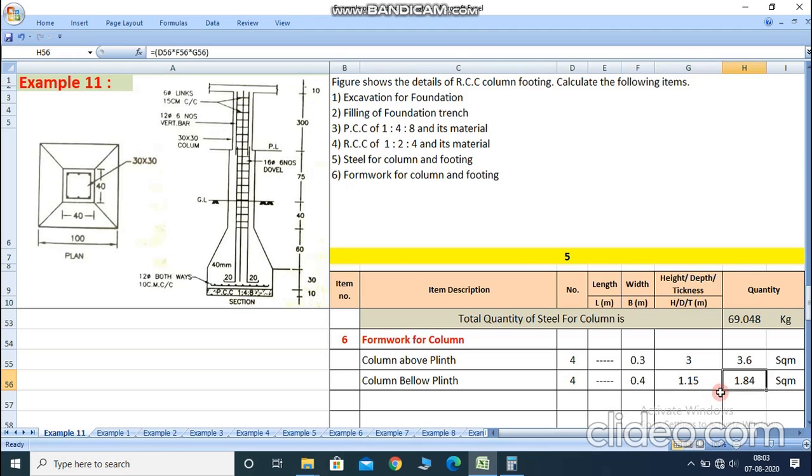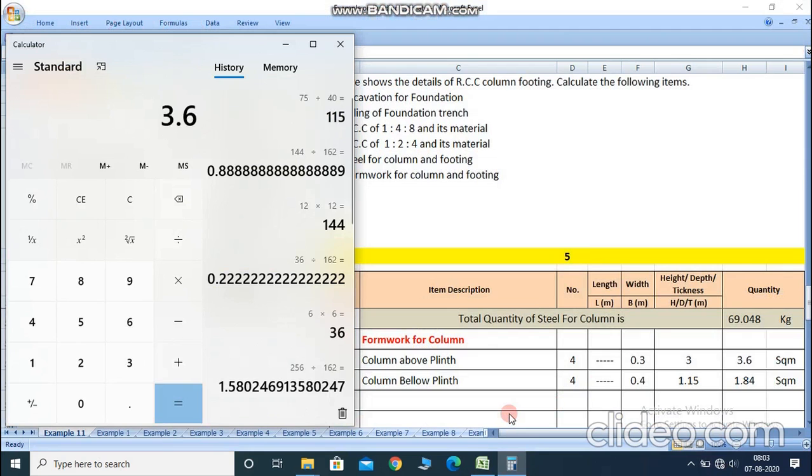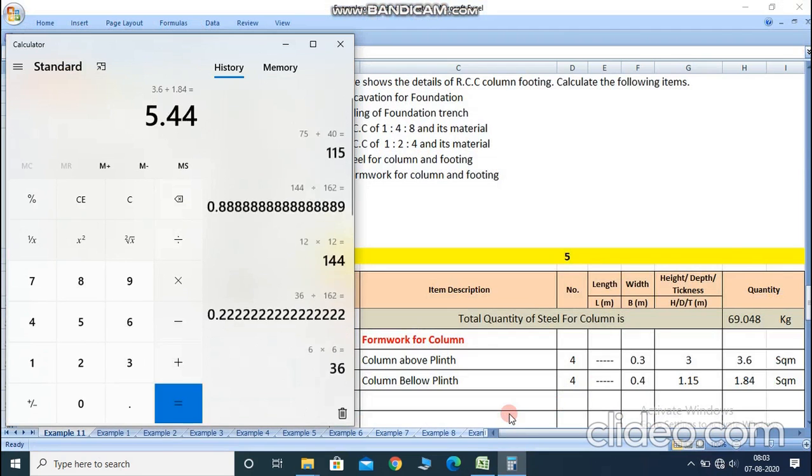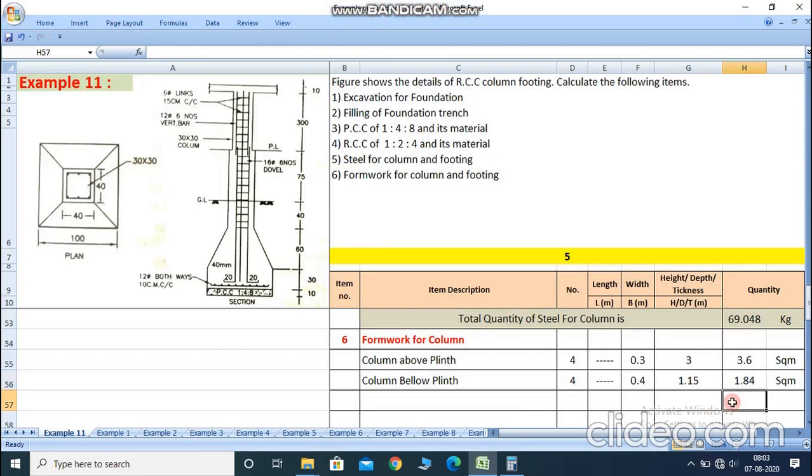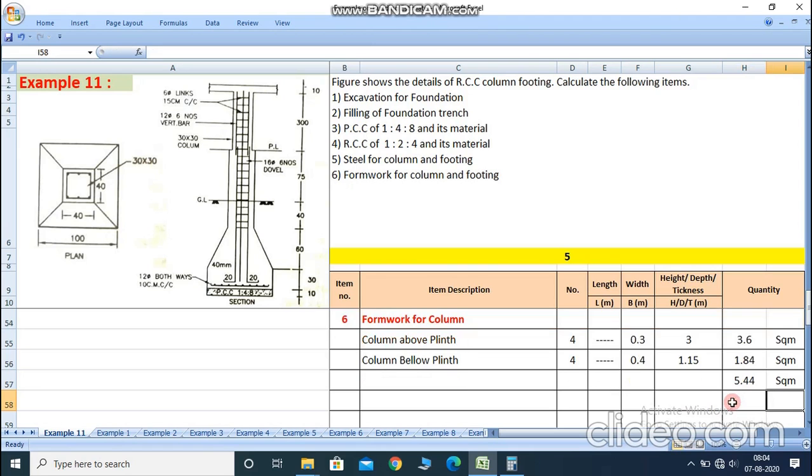So here summation of 3.6 plus 1.84, answer we got is 5.44 square meter, 5.44 square meter. Formwork required for the column.